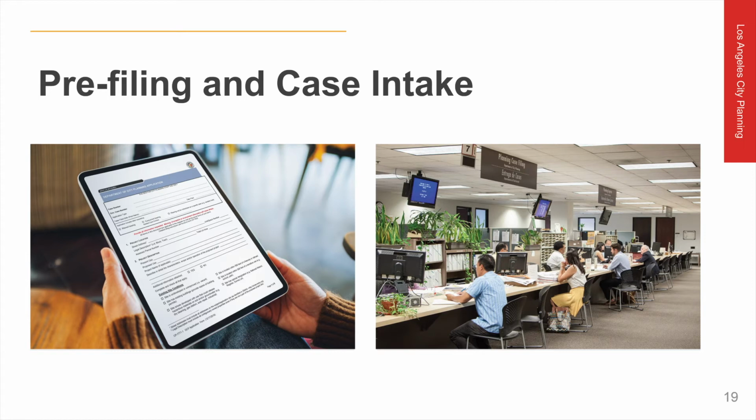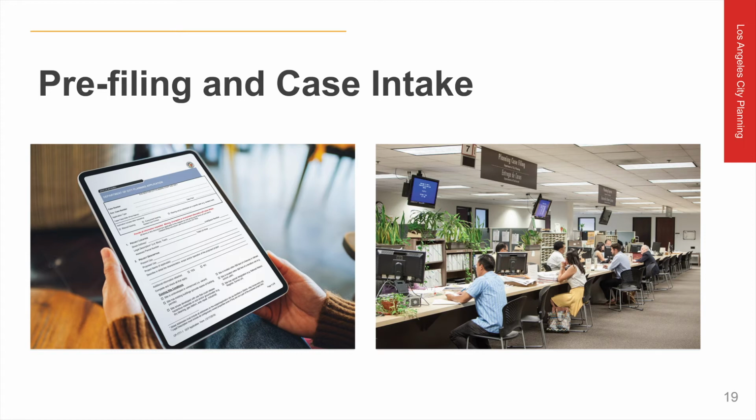While requirements can vary, applications for a discretionary project normally consist of the following materials: a city planning application, which includes the project's location, its description, and the requested entitlements. Project plans, which can include a site plan, floor plan, building elevations, or other renderings of the proposed project.